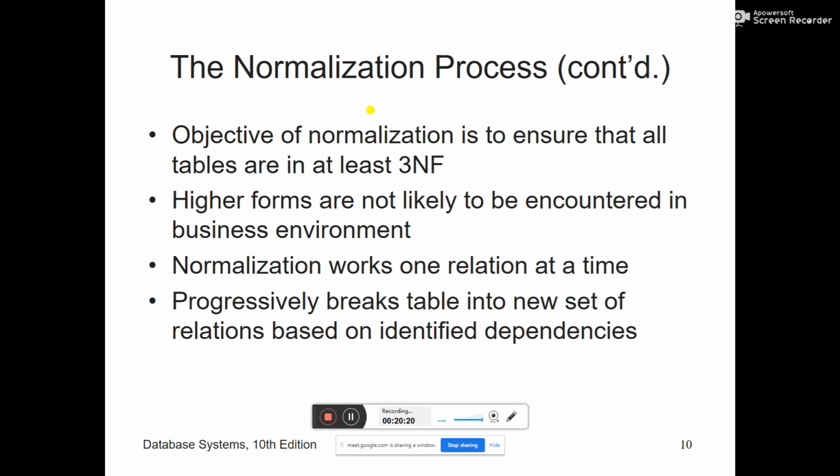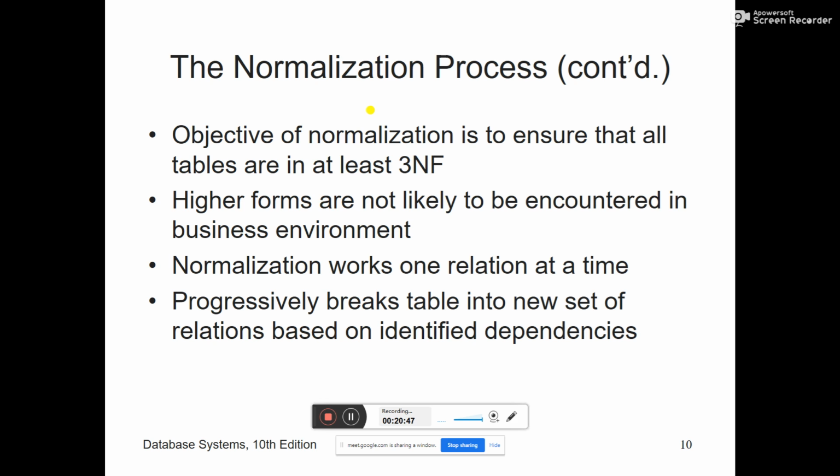And the normalization process, we perform with one table or one relation at a time. We will not do it all together. We will have to find out in that particular relation or table what the dependencies are and how to remove them, or how to normalize this relation.